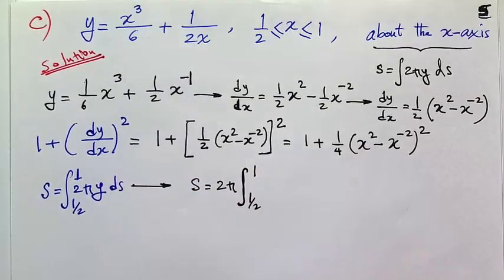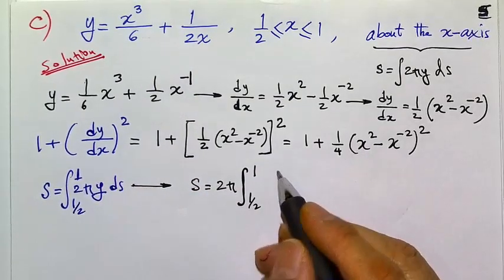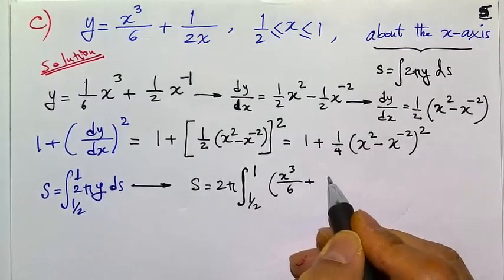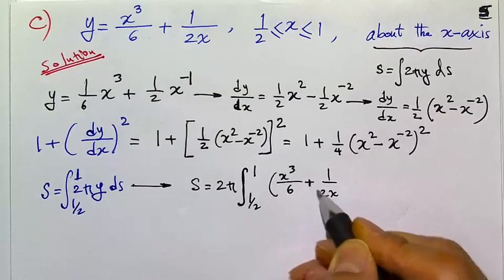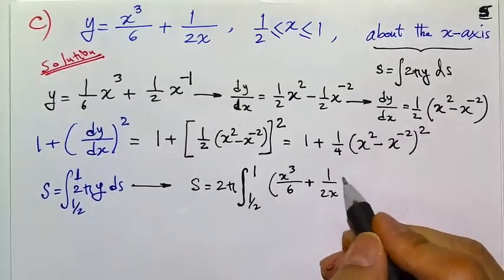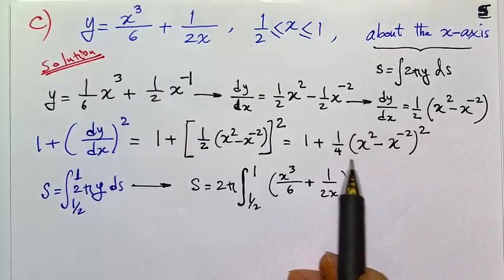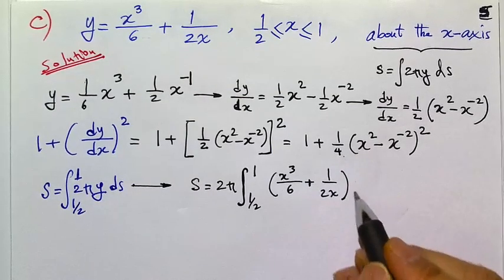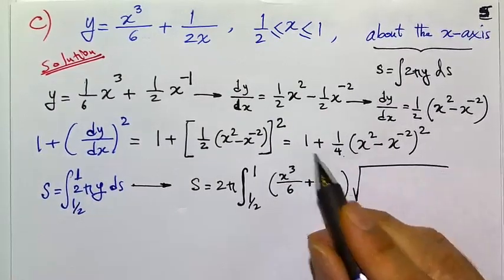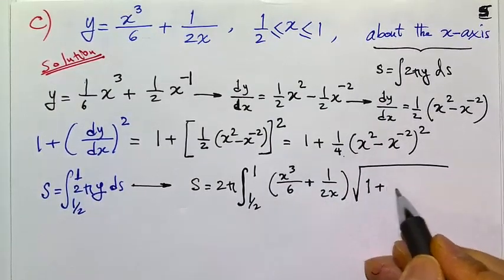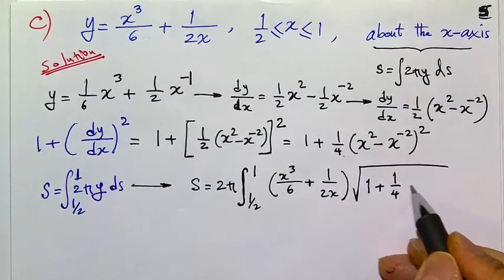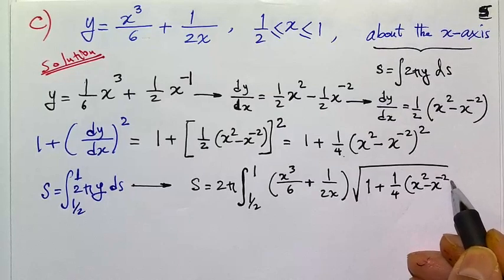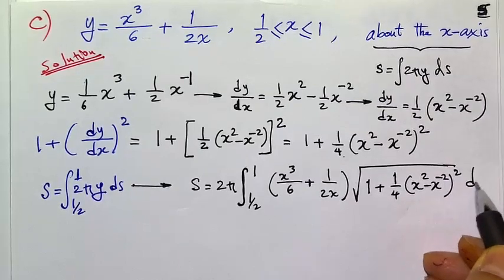So let's put that here. We have x cubed over 6 plus 1 over 2x, and then times all of this underneath the square root, right? So square root of 1 plus 1 over 4 times x squared minus x to the minus 2, squared, and of course dx.